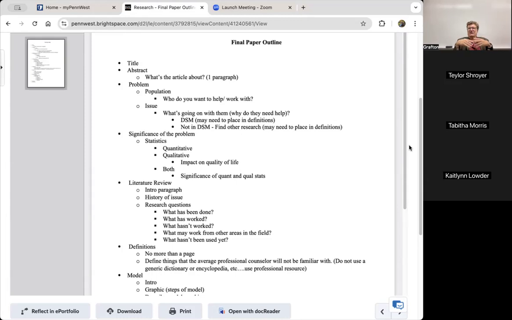And then as you're thinking about your references, you'll start thinking about the problem. It's a process. As you're doing your references, you'll start seeing some connections in your research, and you'll start thinking about the problem and what people are experiencing.